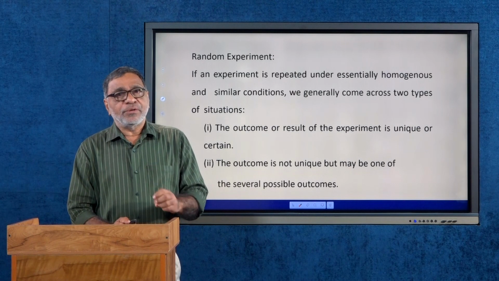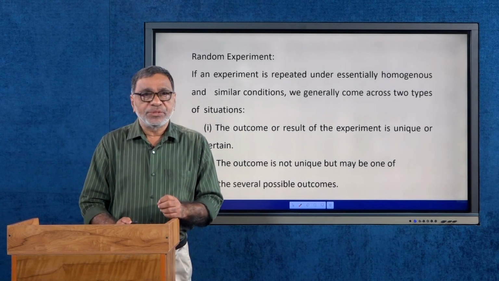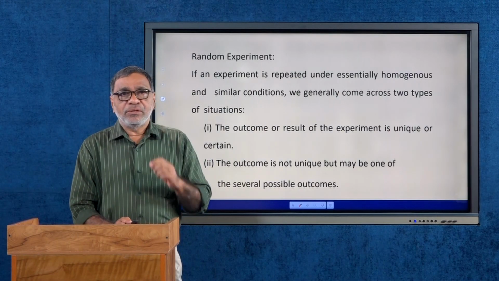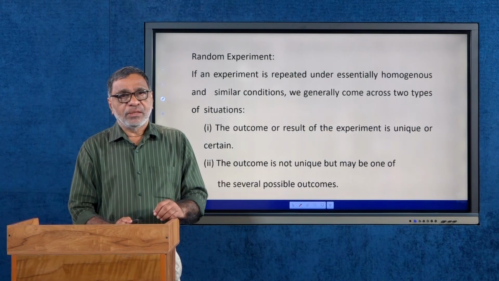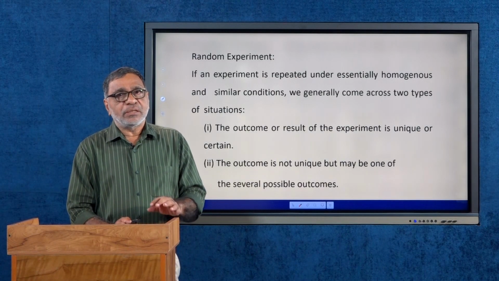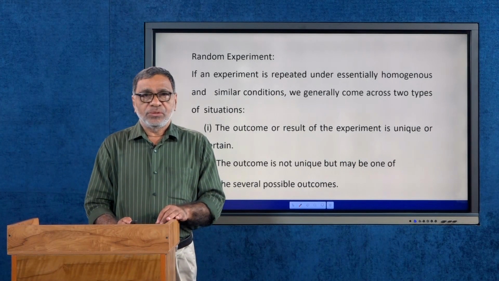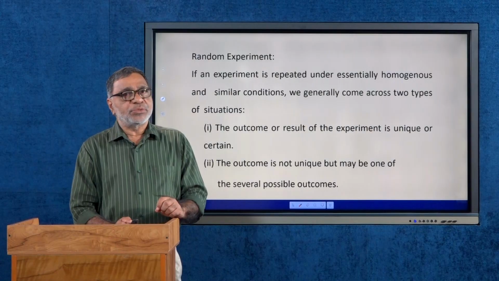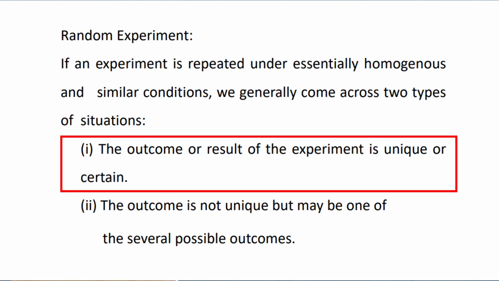Before introducing the concept of random variables, let me explain what is meant by a random experiment. If an experiment is repeated under essentially homogeneous and similar conditions, we generally come across two types of situations. One is that the outcome or result of the experiment is unique or certain.